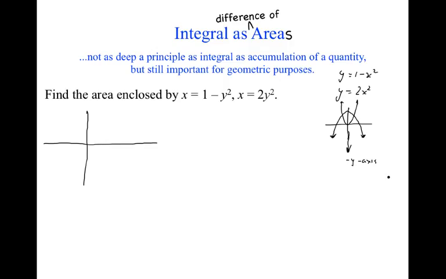So if we switch x and y, which direction will this open up on? The negative x-axis. And rather than having a vertex of 0, 1, it'll have a vertex of 1, 0. See that? So you can just use what you know about y equals 1 minus x squared and switch x and y. So it's going to have vertex of 1, 0 instead of 0, 1. And then this one opens up on the negative y-axis, so this will open up on the negative x-axis.